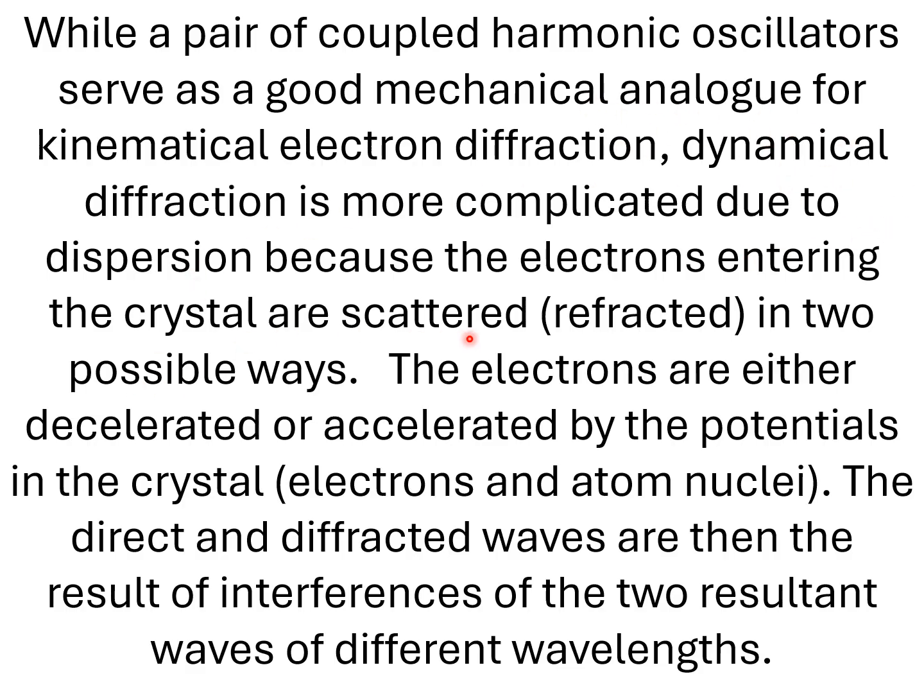Dynamical diffraction is complicated due to dispersion, because the electrons entering the crystal are scattered, refracted in two possible ways. The electrons are either decelerated or accelerated by the potentials in the crystal. The direct and diffracted waves are then the result of interference of the two resultant waves of different wavelengths.